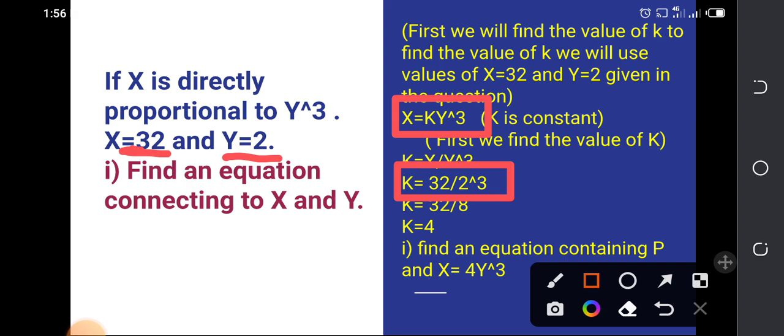But you can see 2 already has the power, or exponent, or index, 3. So it will become 2 into 2, 4, 4 into 2, 8. So 2 power 3, or 2 cube, is equal to 8.